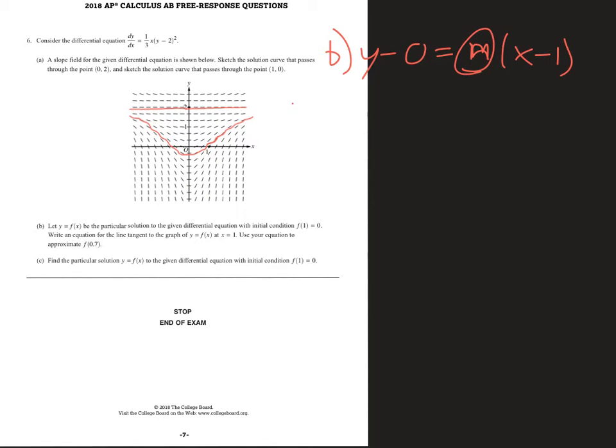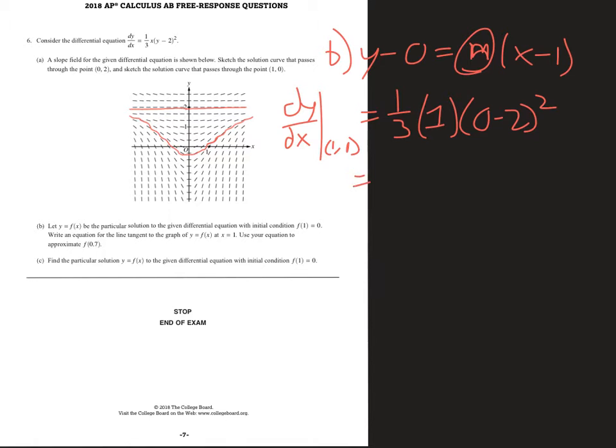So we've got this equation, and we're going to plug in the point (1, 0) to that. So that's 1/3 times 1 times (0 minus 2) squared. Simplify all that, and I believe we're going to get 4/3, and then plug that in for your slope m. So y minus 0 is equal to 4/3 times x minus 1.